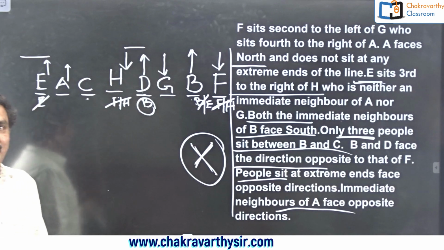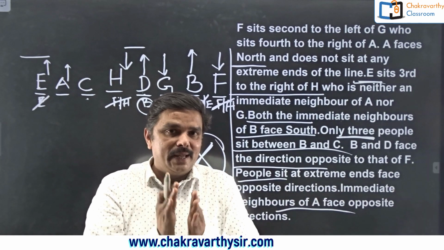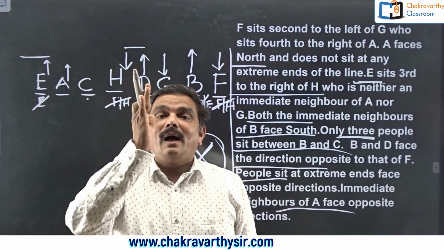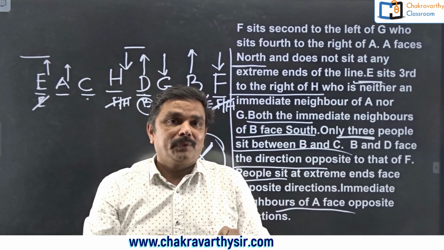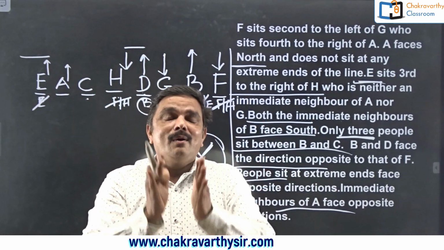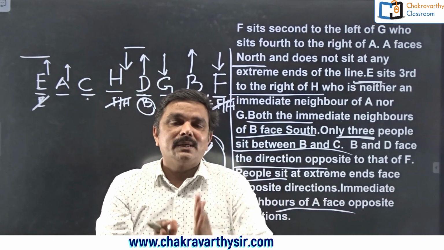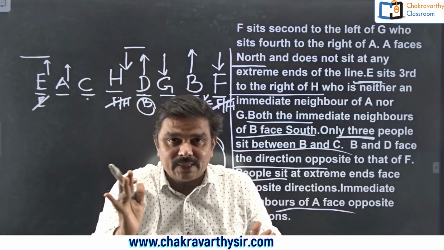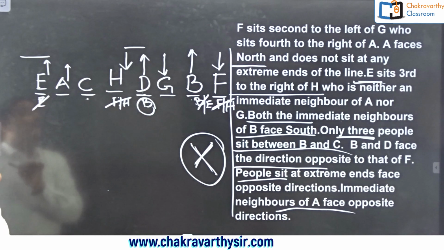Here some people will get confused. Immediate neighbors of A face opposite directions means if one of the neighbors is facing north, the other neighbor should face south, or vice versa. Let me tell you this point one more time. Now when you go to A, who are the neighbors?